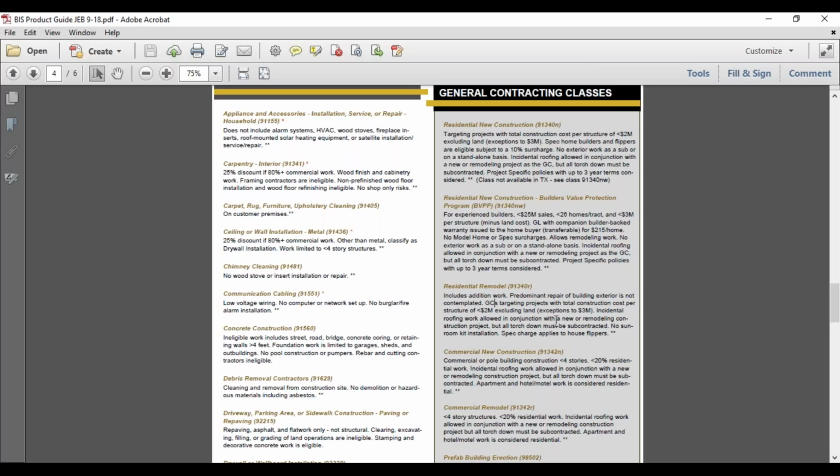But we do have the limitation in the whole policy that if the insured is required to be licensed, they should be licensed. We will exclude unlicensed work if they are required to be licensed by the state. So for remodelers, we allow handymen who are not required to be licensed, and we will include addition work. They can do complete gutting and remodeling, and that's absolutely fine.